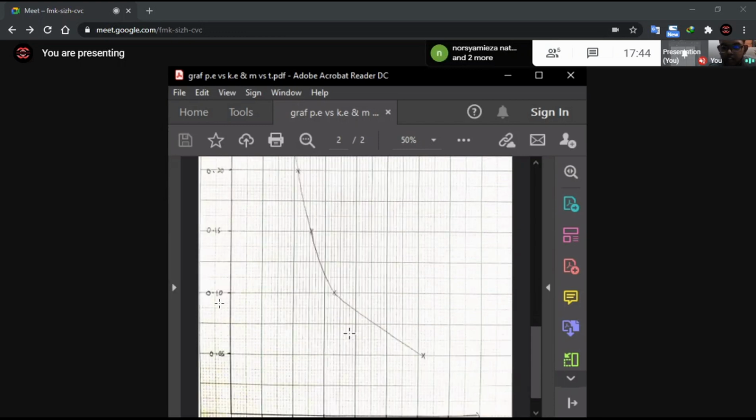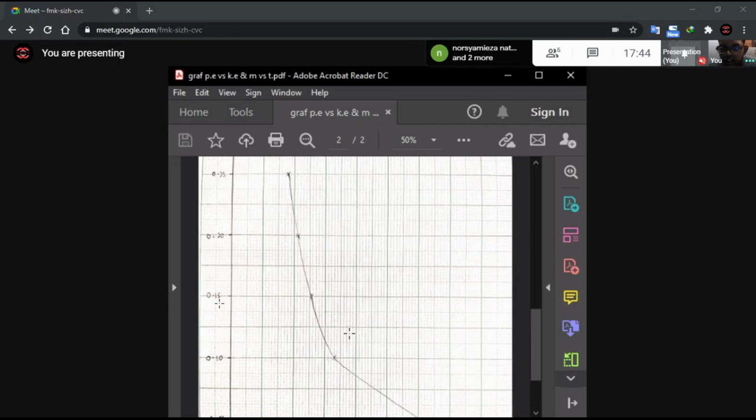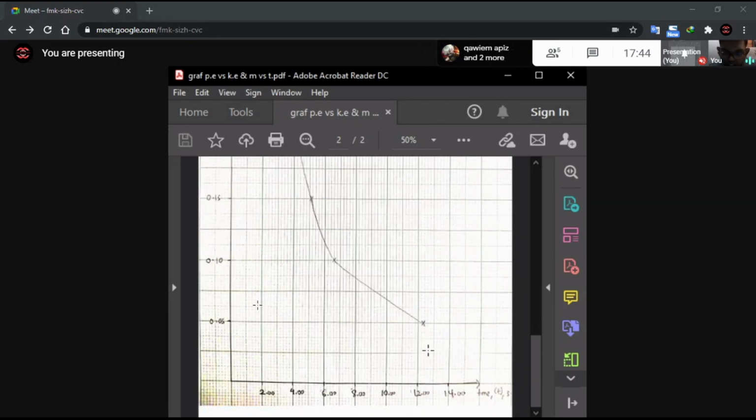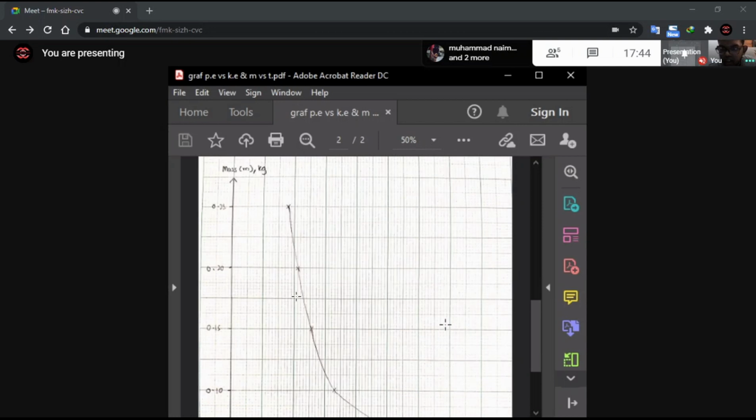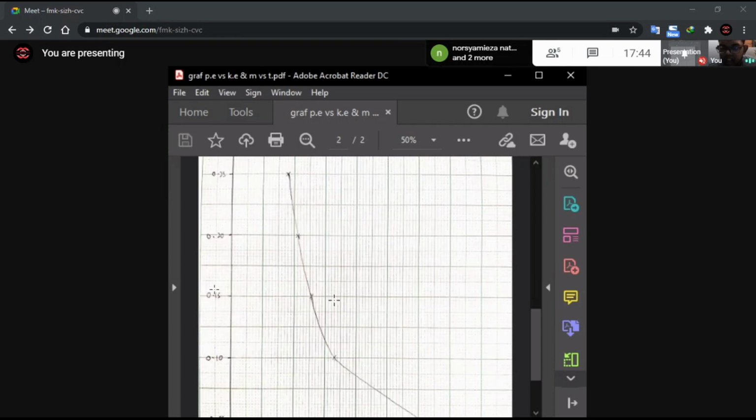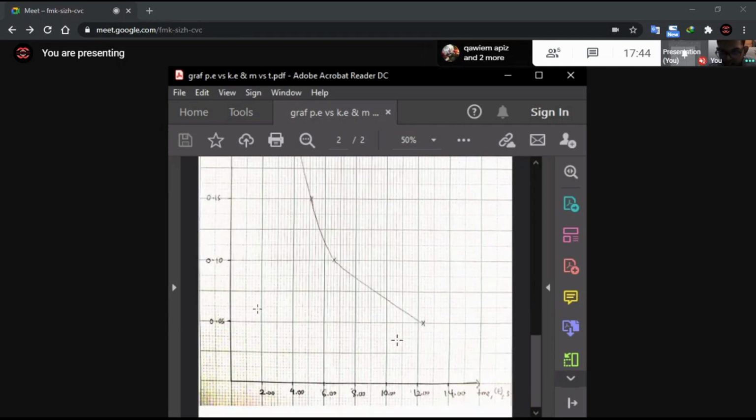From this graph, we can see that the higher the time, or the more time taken, the mass increases, or the higher the mass, the more time it takes.